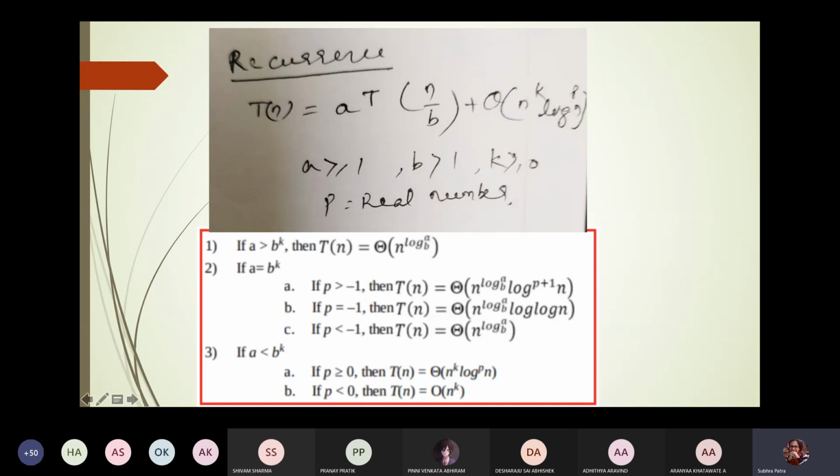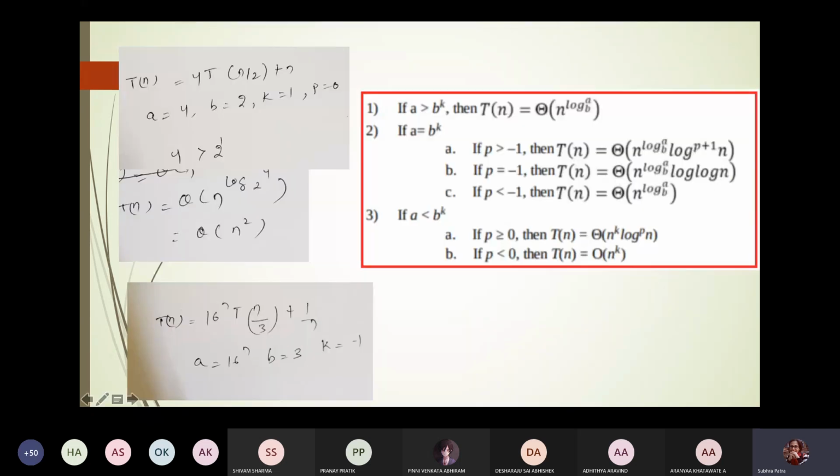This is the form a T(n/b) plus theta of n raised to k log n raised to p. In this equation, we have n and no log function, that's why k equals 1 and p would be 0.